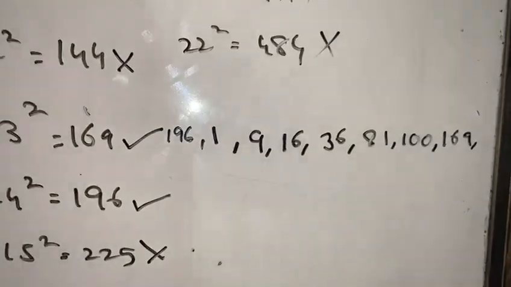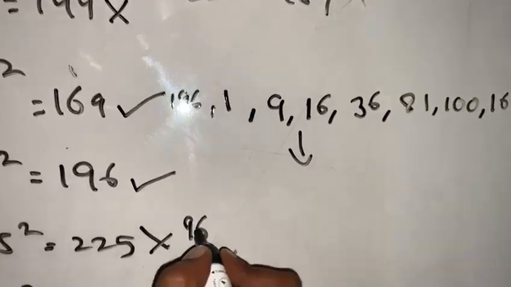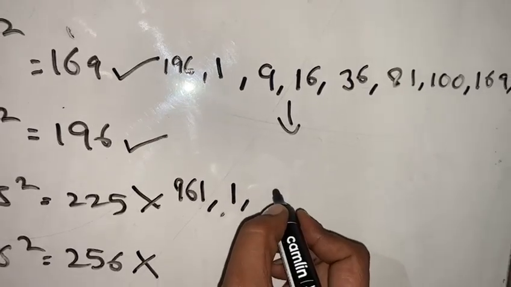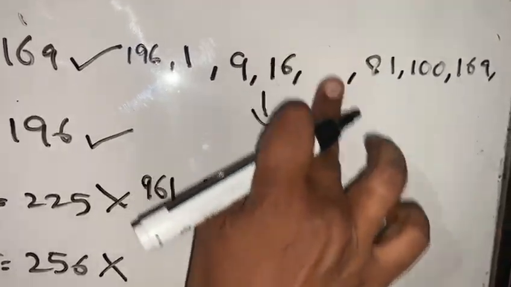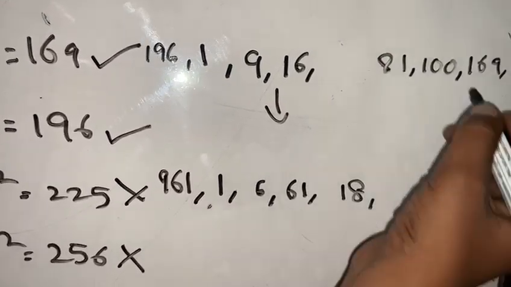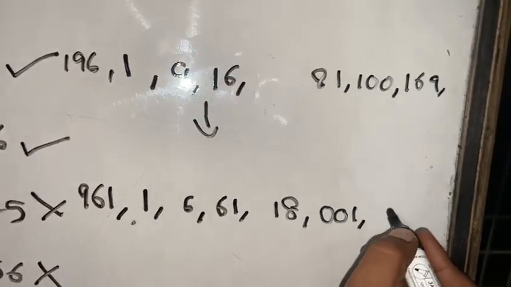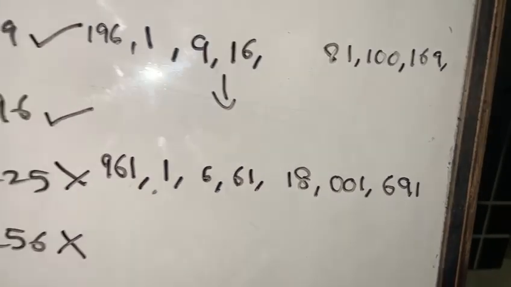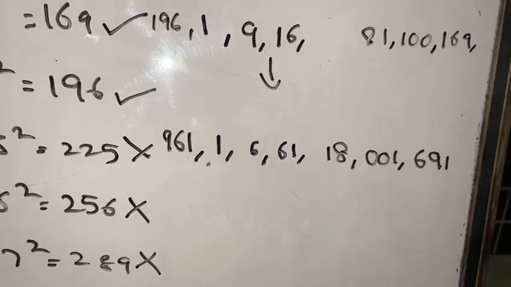Now let's tilt them around and see what the equivalent numbers are. 196 would look like 961. 1 would look like 1 itself. 9 would become 6. 16 would become 91. 36 is not, sorry for that. 81 would become 18. 100 would become 001. And 169 would become 691.